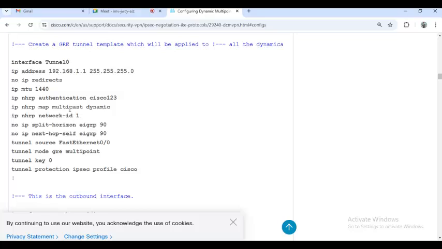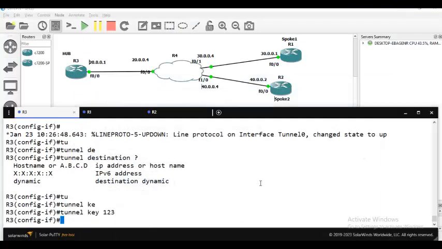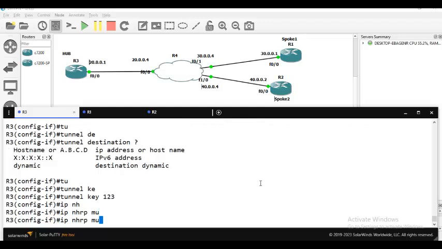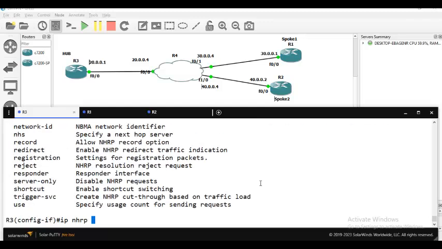All right. IP NHRP multicast. IP NHRP network ID. I'm going to give the same number which I gave for tunnel key 123, so I won't forget. Nothing wrong in keeping it the same.